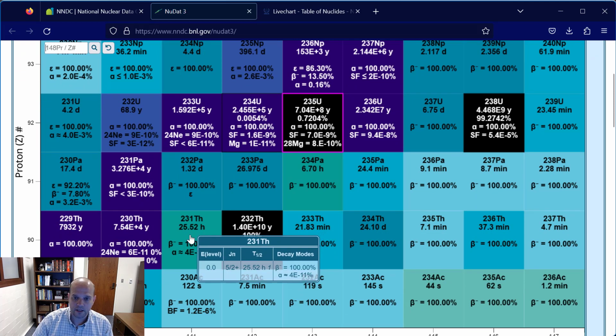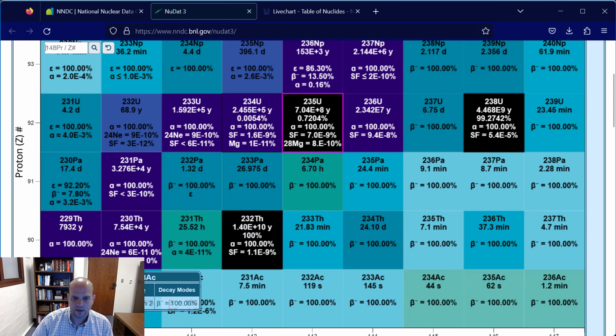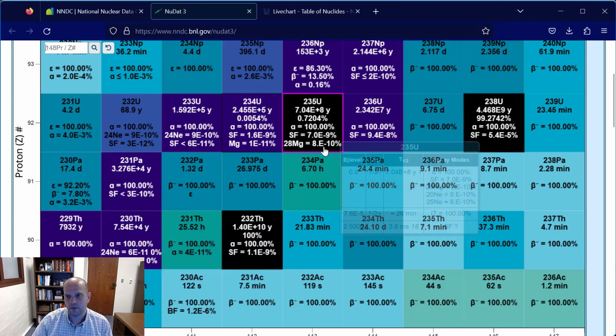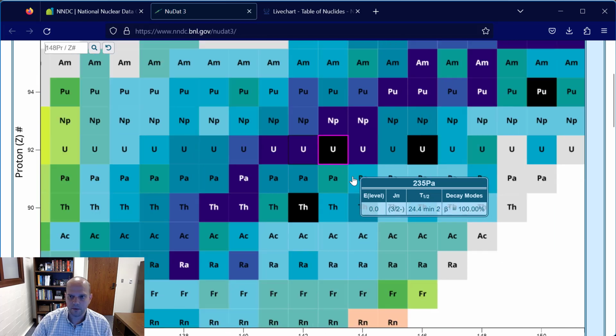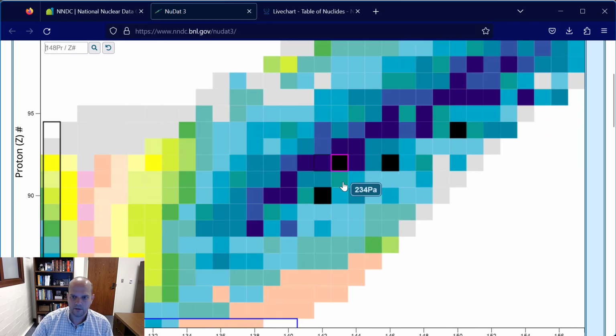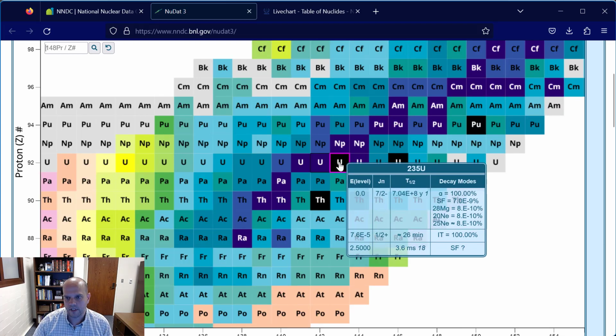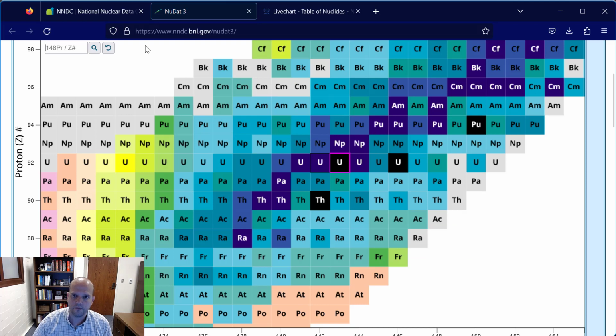Well, that's a beta minus, and I go up here, and then I have alpha decay again, and so on and so forth. But each of these resources is going to be similar in any kind of data representation, just to show you here's the type of decay, and because you know what happens to the number of neutrons and protons in that type of decay, then you can trace out the process, trace out the decay chain.